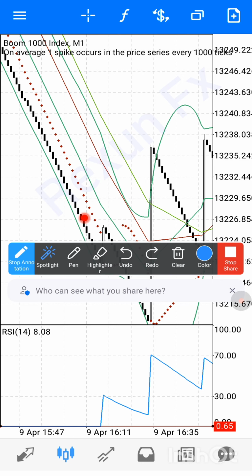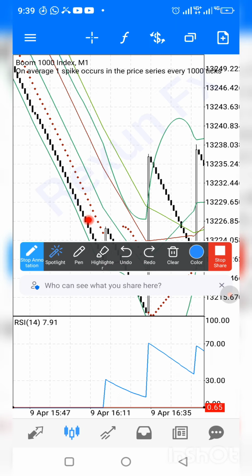Your micro lots, I've talked about this in my previous videos, where you take a lot size. Let's say the minimum lot size for Boom 1000 is 0.20, right? That's the minimum lot size. So a micro lot is going to be below 0.20, around 0.15, 0.10, 0.05, right?